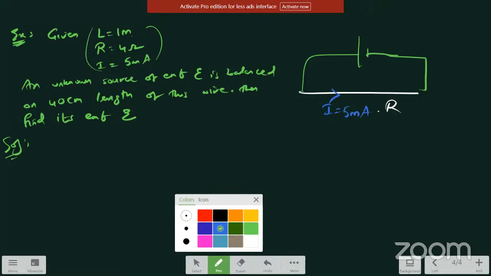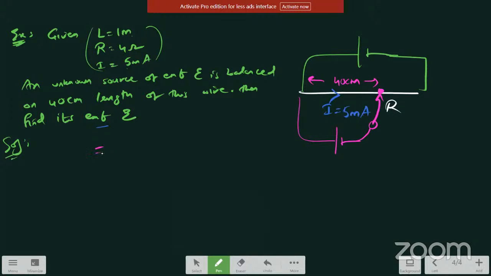Now, some external cell is connected across the wire and it is balancing, that means the jockey is stopped at the null point. So the potential difference of this 40 centimeter length, how much will it be?